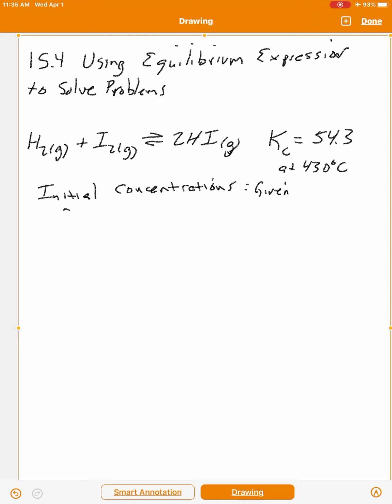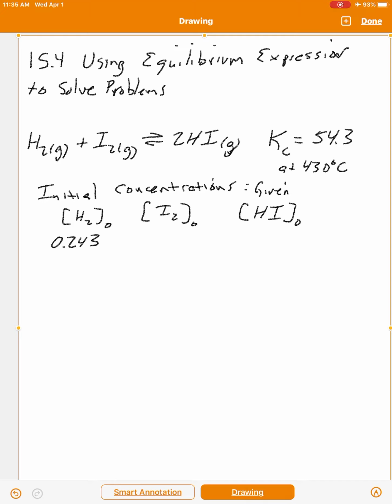So the initial concentration of H2, I'll put a 0 for initial. Initial concentration of I2, 0. And initial concentration of HI. Okay. And so the initial concentration of H2 is 0.243. By the way, I'm getting these numbers from your textbook, so if you read along in section 15.4, that's where I'm getting these numbers here.